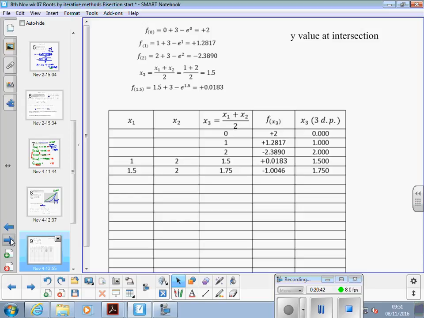I've included the f0, f1 and f2 at the top here. Between 1 and 2, halfway, we end up with a root of 1.5. When we do the function again, we end up with 1.75 and so on. So the idea here is to carry on with that table till this number in the end here, to 3 decimal places, doesn't change twice.